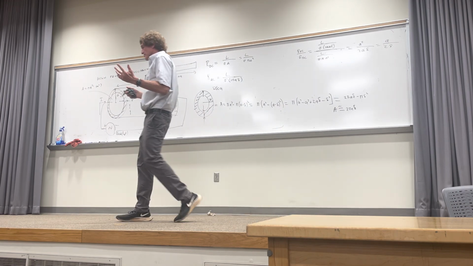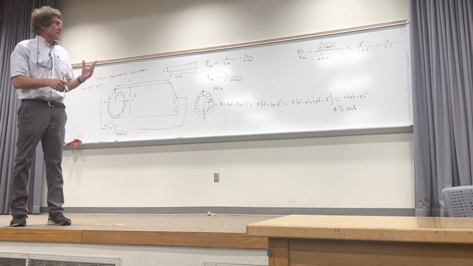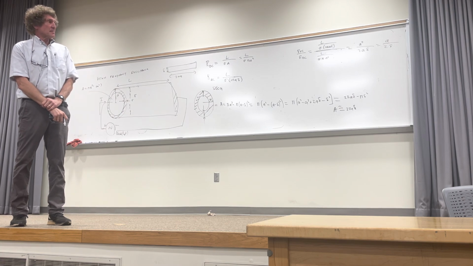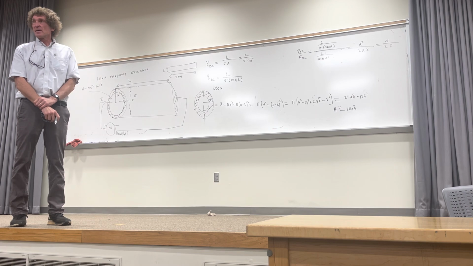I'm doing that for a reason, because you see one thing, the ratio of the AC to DC resistance. As the skin depth gets smaller and smaller, it gets closer and closer to infinity. That's the only reason I did that last part.